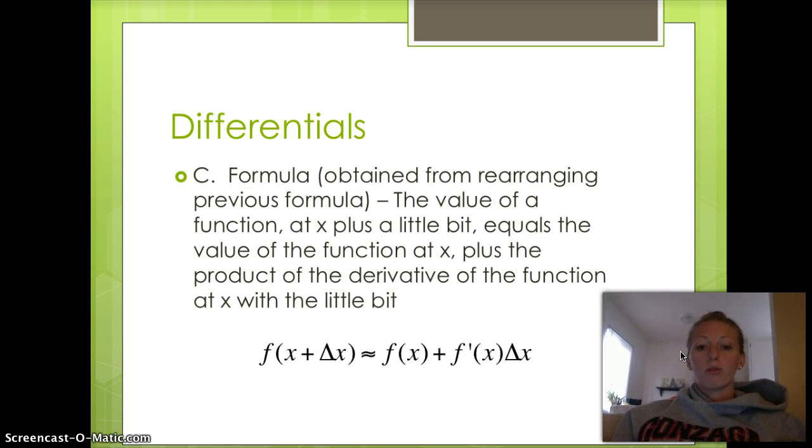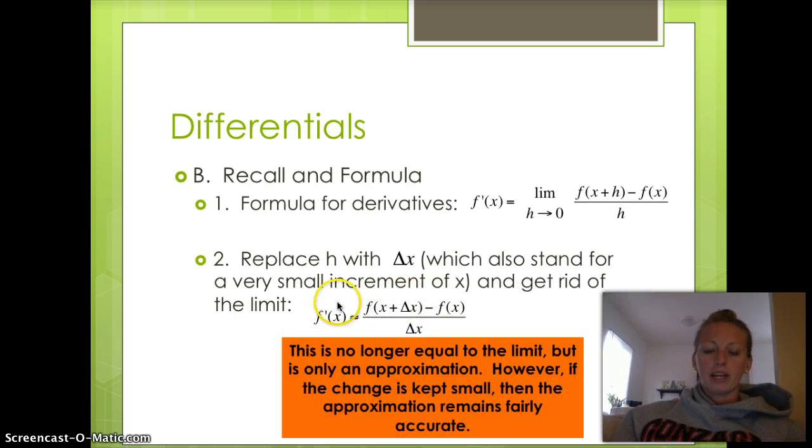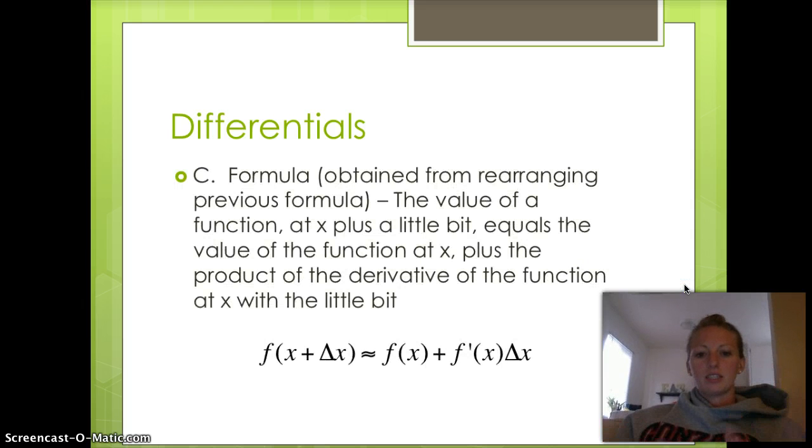Okay, so our actual formula came from what we saw back here. Sorry, I keep going back. Right here, all I did is manipulate this, and that gives us what we have right here. So it's just through manipulation.